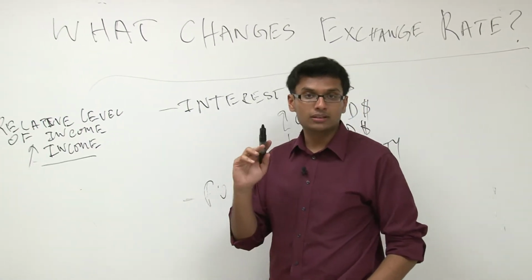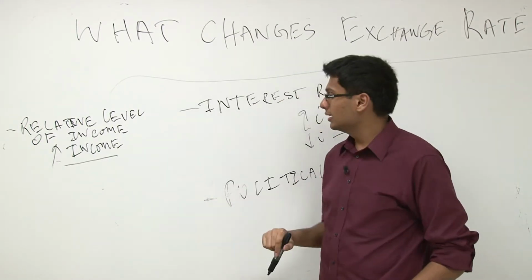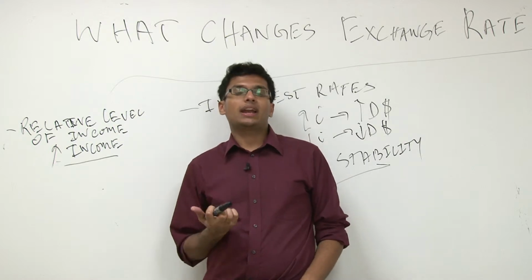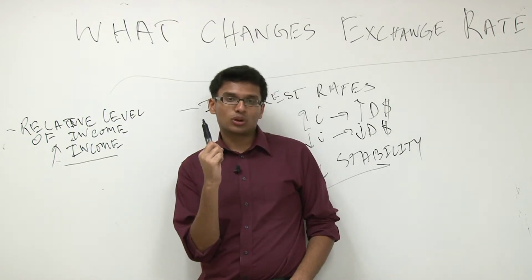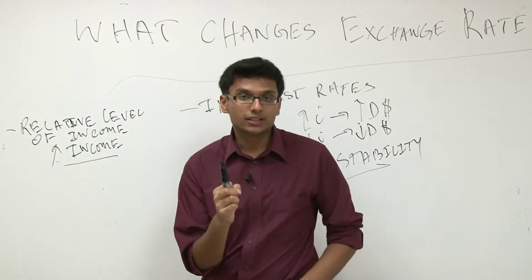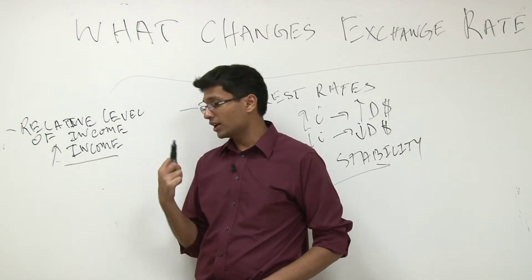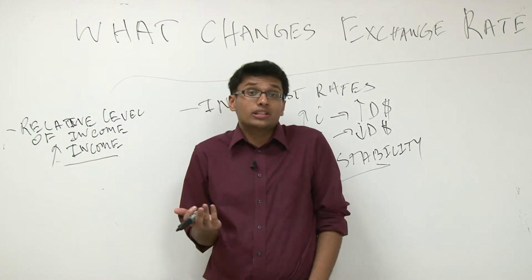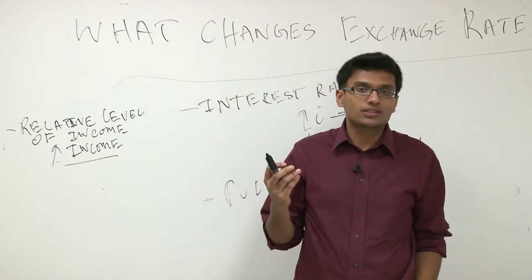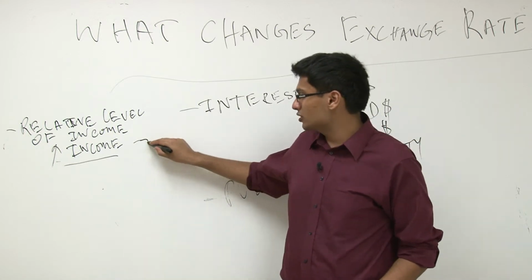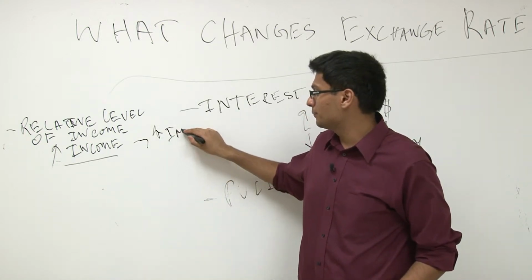Things are doing great, the economy bounces right back, things are looking good. If I'm making more money, that's what we call purchasing power. Relatively speaking, my purchasing power as an American has increased because my economy has gone up and income has gone up. So I can buy more of other goods, relatively speaking. So if my income goes up, generally speaking, my imports go up.